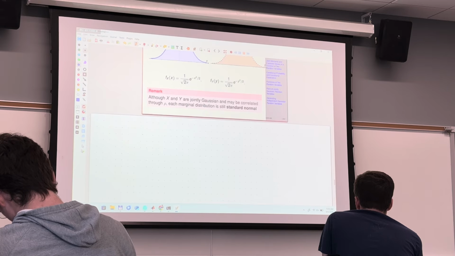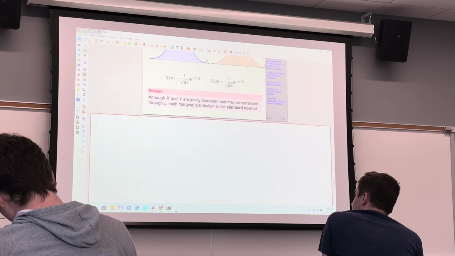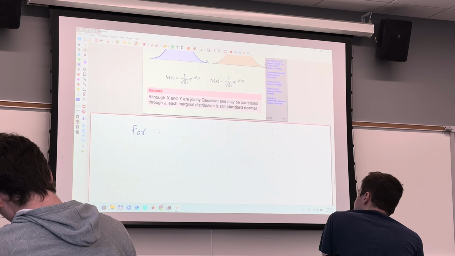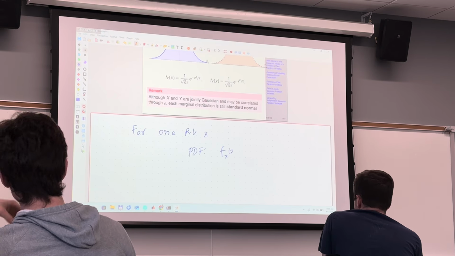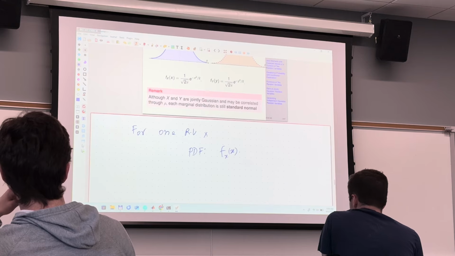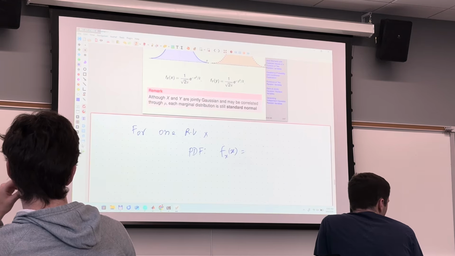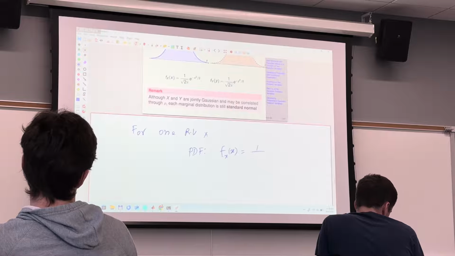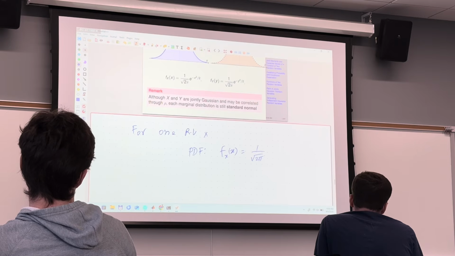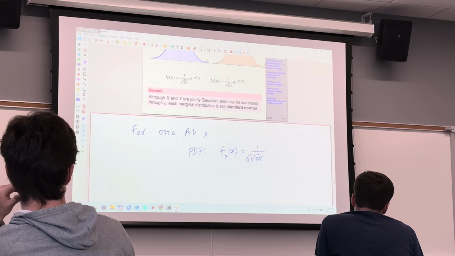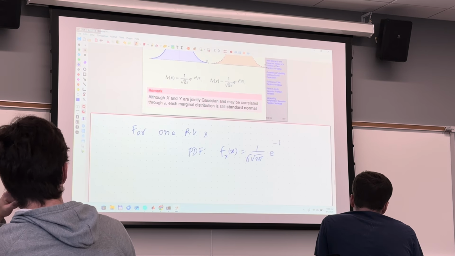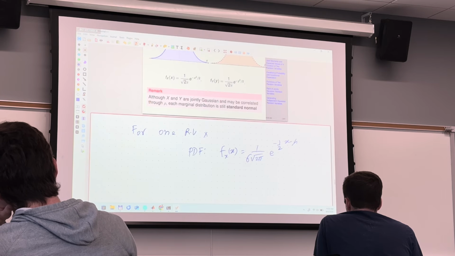Now, for one random variable x, guys, PDF, probability density function, f sub x of x is going to be 1 over square root over 2 pi sigma square root over 2 pi, and then e to the negative half x minus mu over sigma.